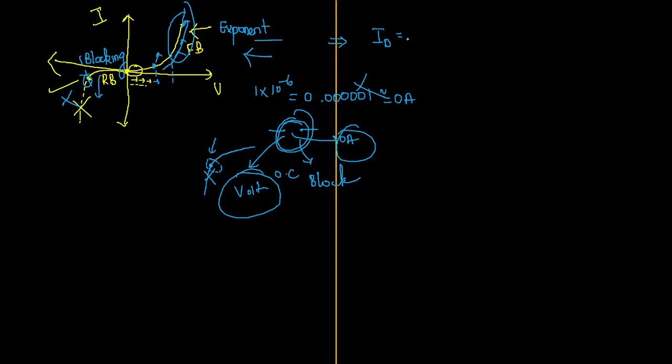This exponential current is universally written in this form, where we are considering the reverse saturation current. I can write in bracket e power anode to cathode voltage VAK upon eta times of VT, minus 1. So this is the generalized formula to express the diode current.